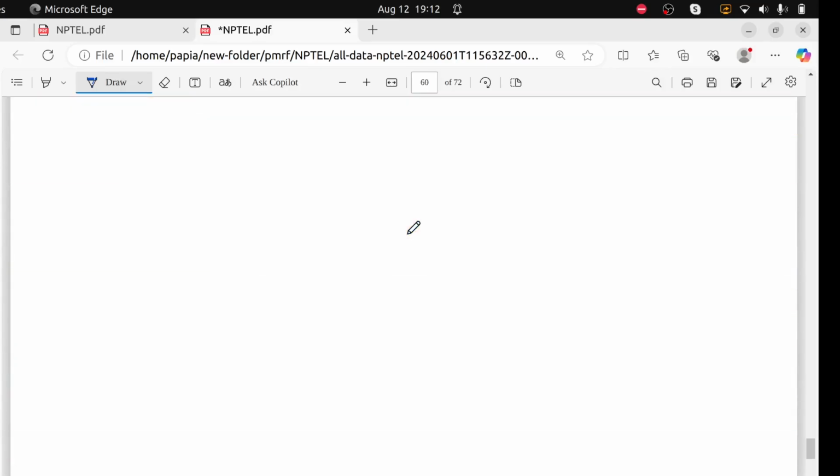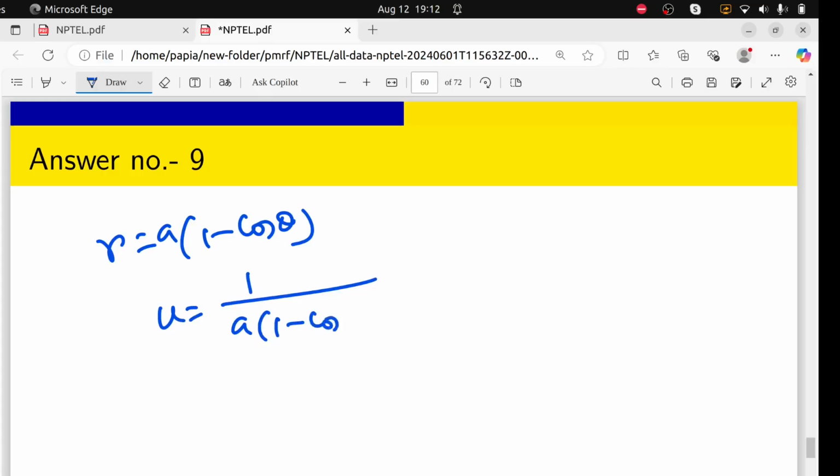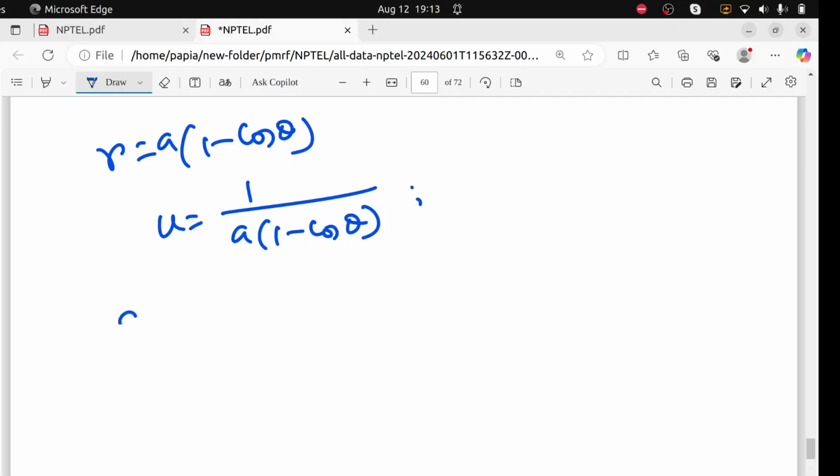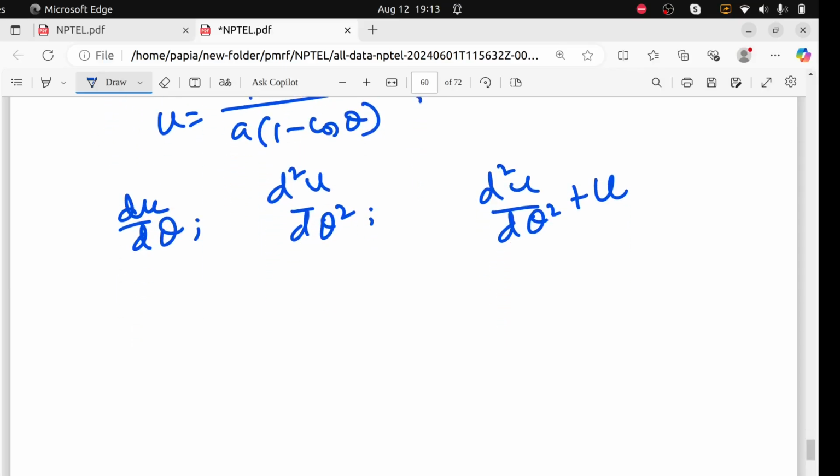Similar procedure means first you will write r equals a into 1 minus cos theta, u will be 1 by a into 1 minus cos theta. You will calculate du d theta, then d2u d theta 2. Then you will put d2u d theta 2 plus u in the Binet equation.